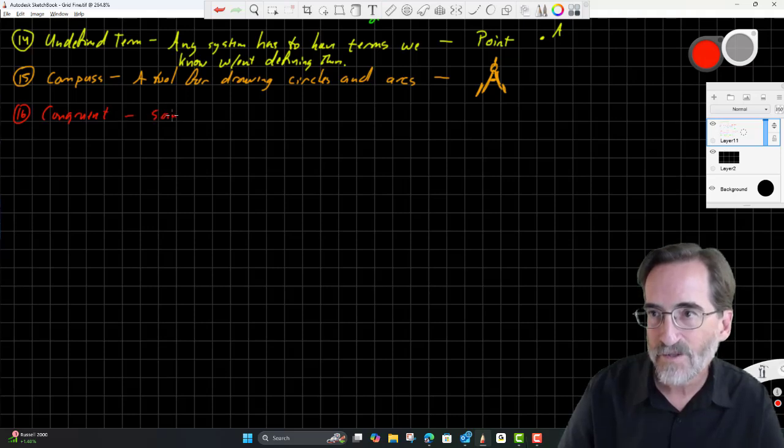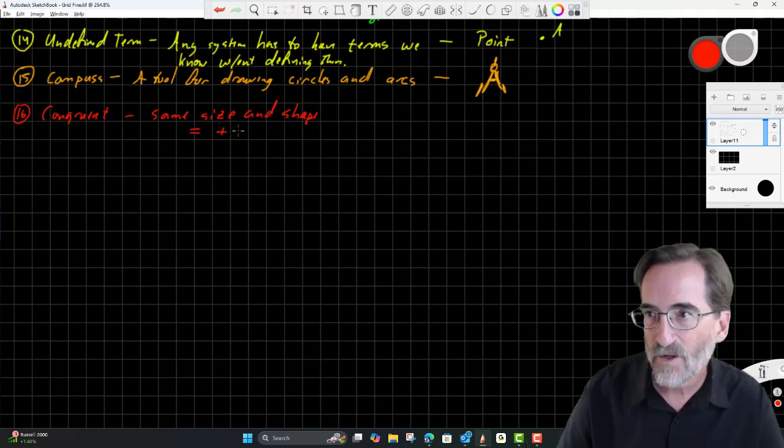Same size and shape. You'll note, by the way, it's made up of an equal sign plus a tilde, which is similar. Equal and similar. Similar meaning same shape.